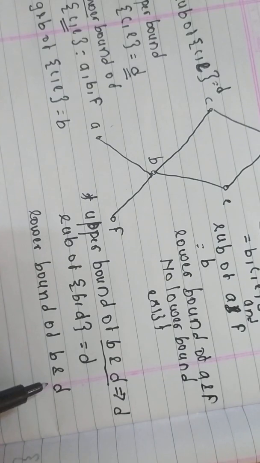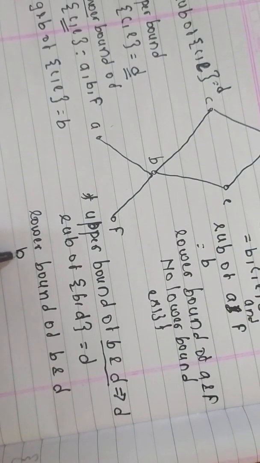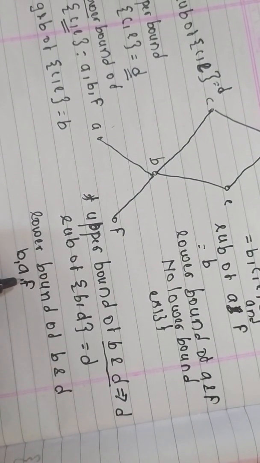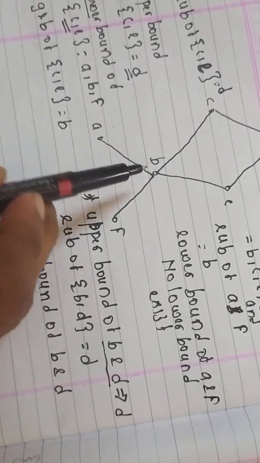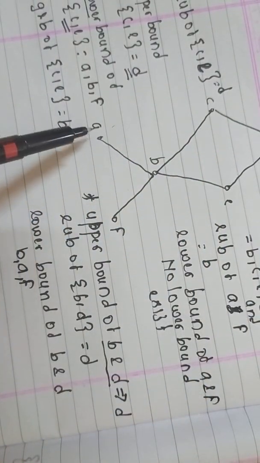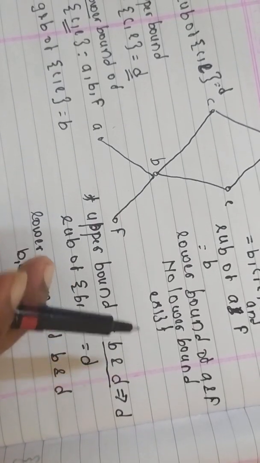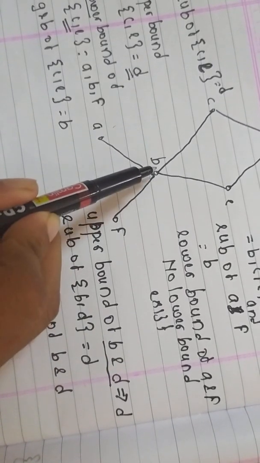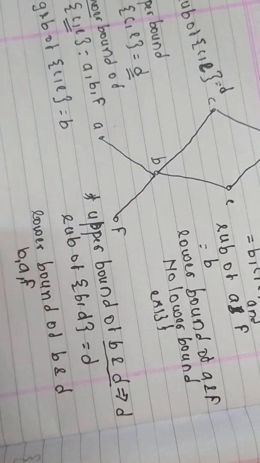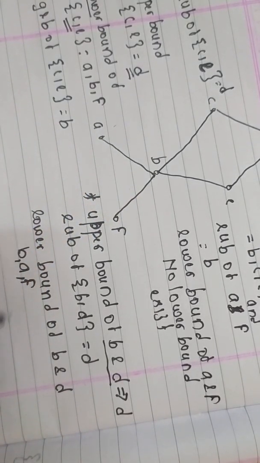So the lower bound of B and D will include what? B, A and F. This is B, this is D. Sorry, the lower bound will include A, F and B. A, F and B.